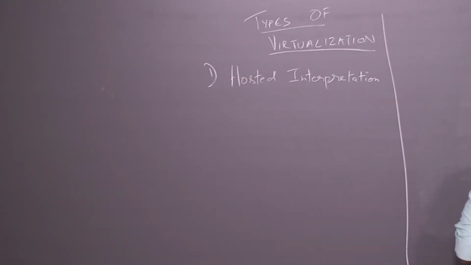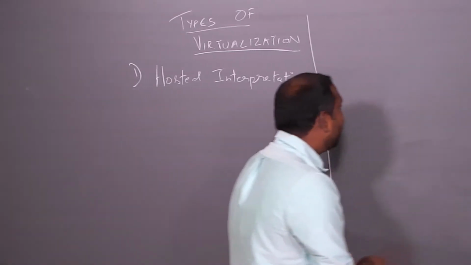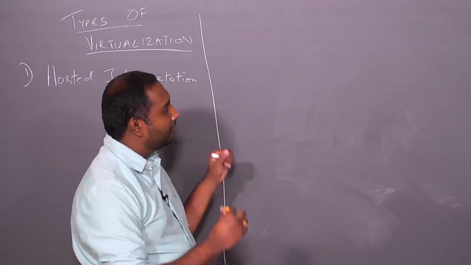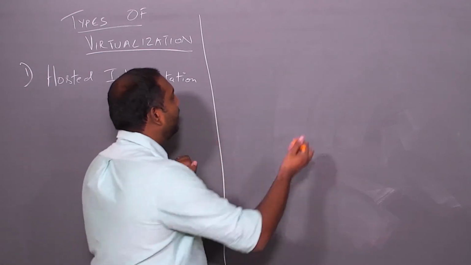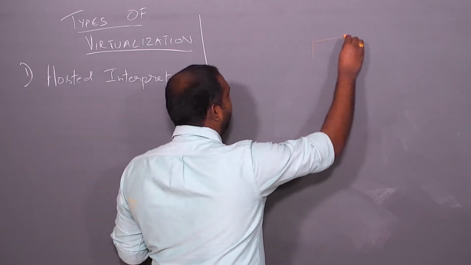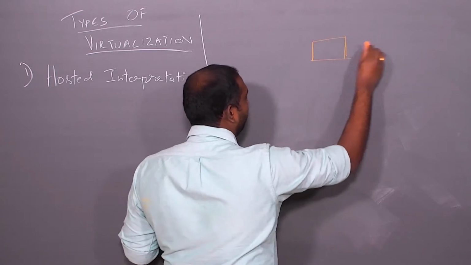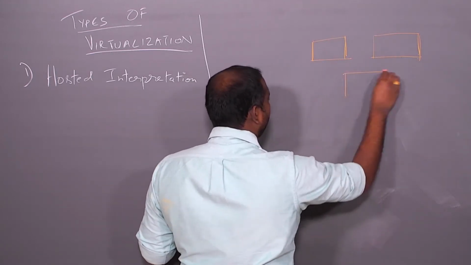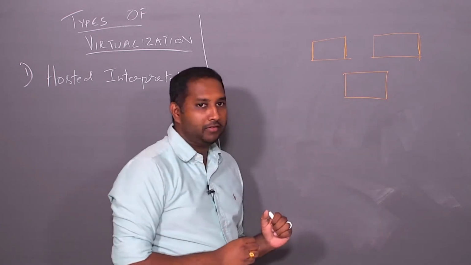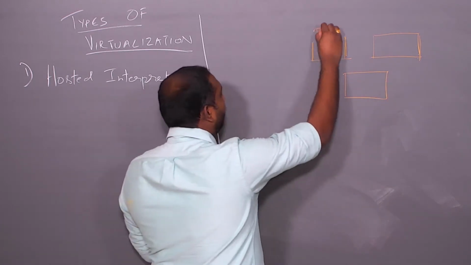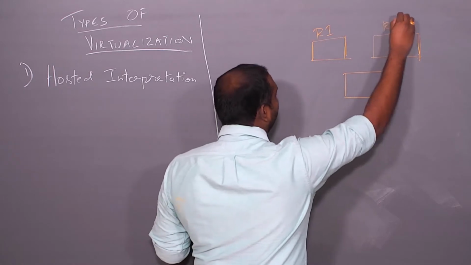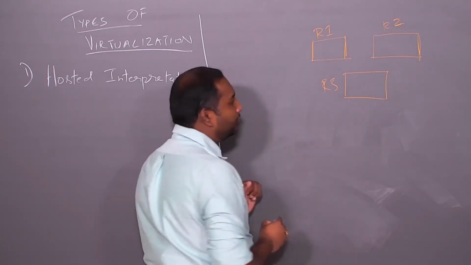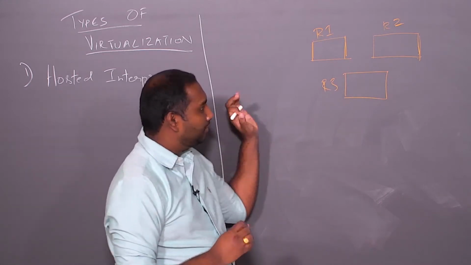Imagine that we had hardware with three registers. Let's call them R1, R2, and R3. So we have three registers.